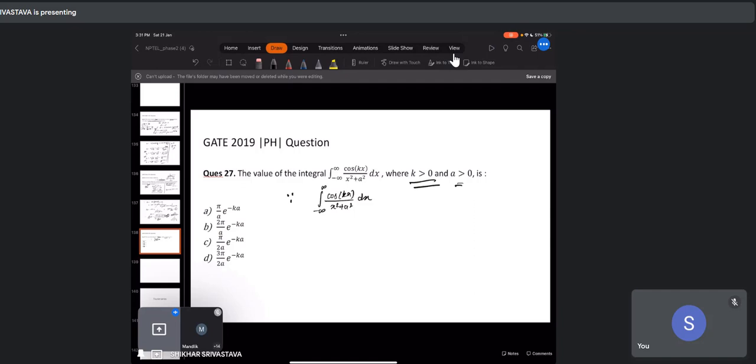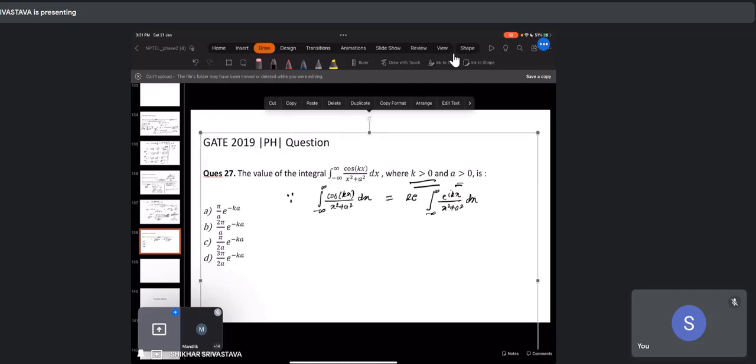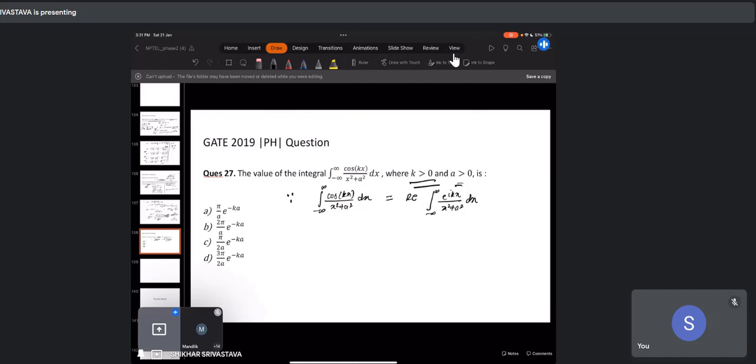For this kind of integral, you can write it as the real part of exponential i kx upon x square plus a square dx, because the real part of that is cos kx plus i sin kx.